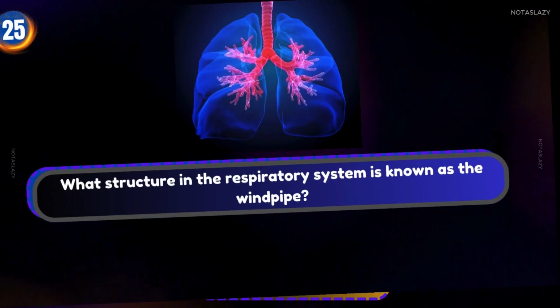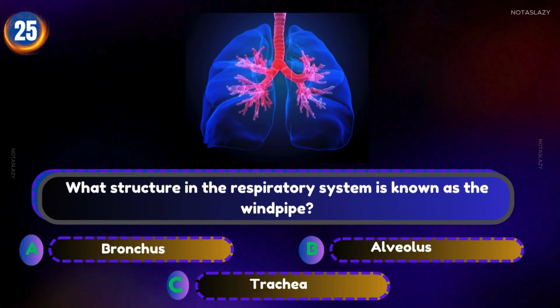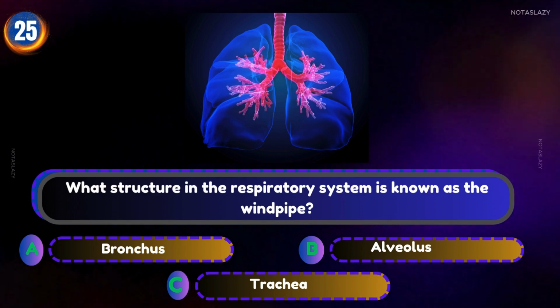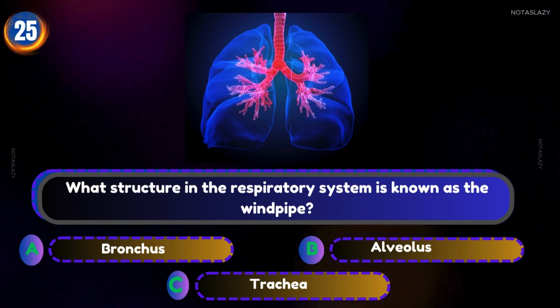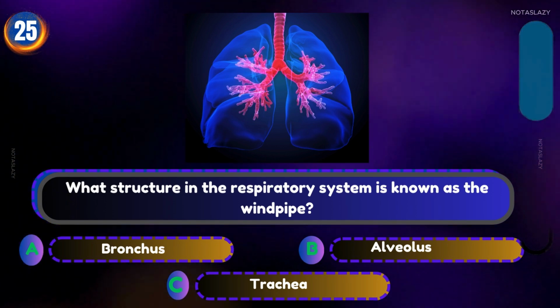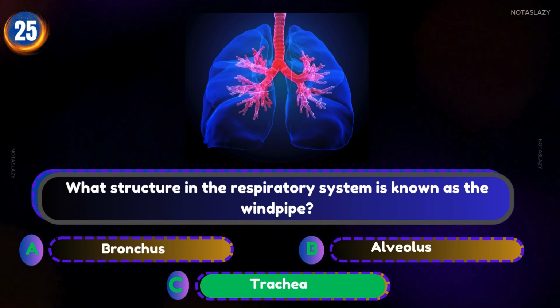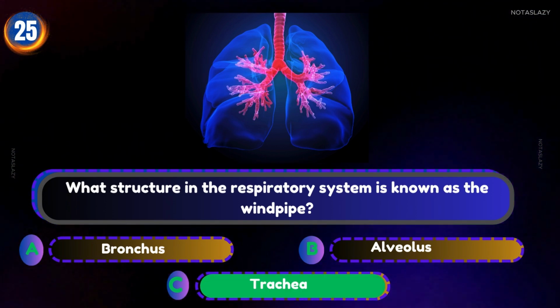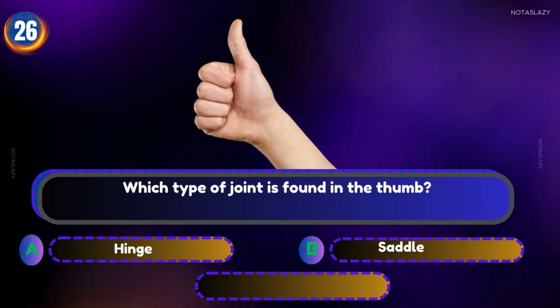Hypothalamus. What structure in the respiratory system is known as the windpipe? Trachea. Which type of joint is found in the thumb?